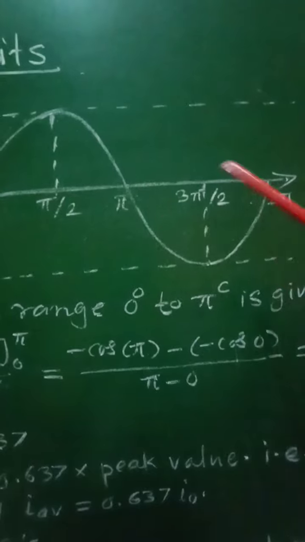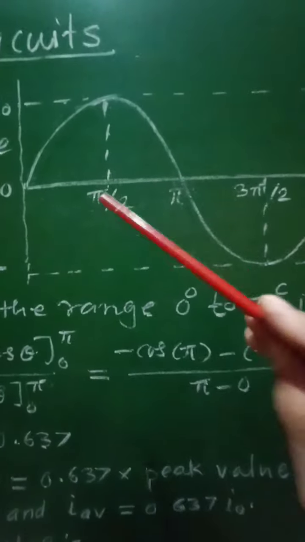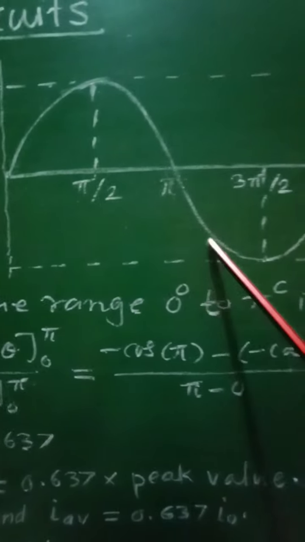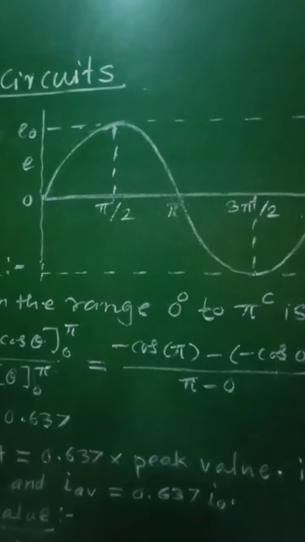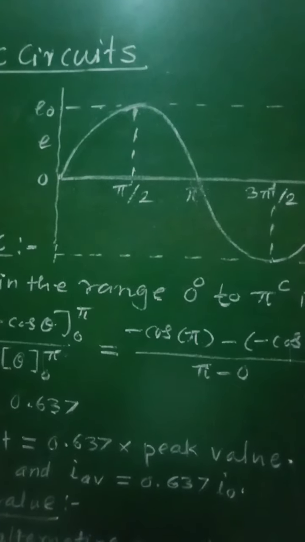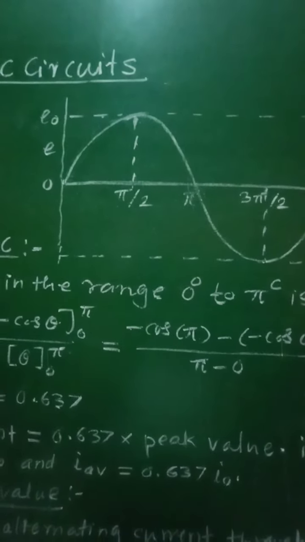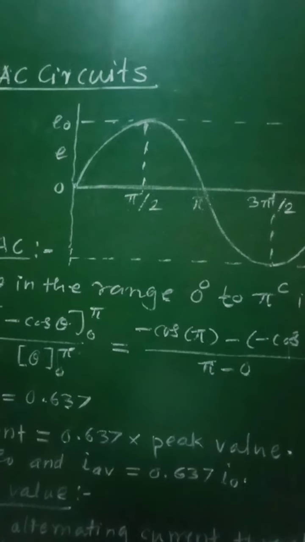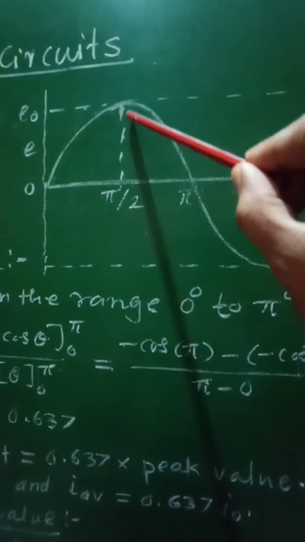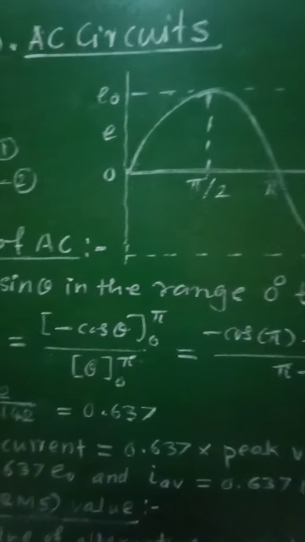For the next half cycle EMF is towards negative side, and therefore after every half cycle of revolution of the coil there will be reversal of the EMF, and therefore this type of EMF is called as alternating EMF, and the corresponding current will be called as alternating current. So in this case E0 will represent the peak value of the EMF, that is the maximum value of EMF.